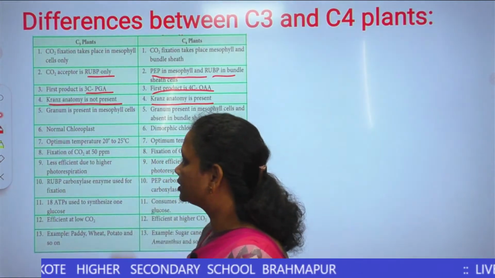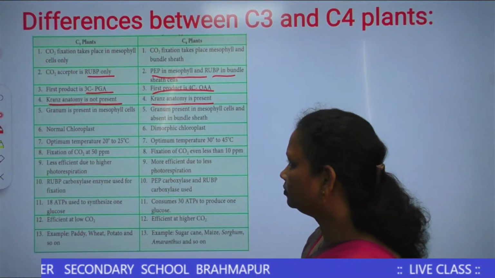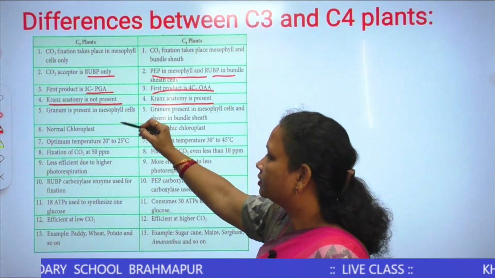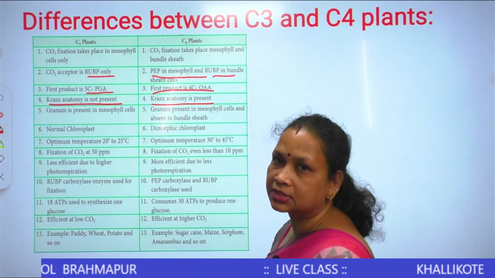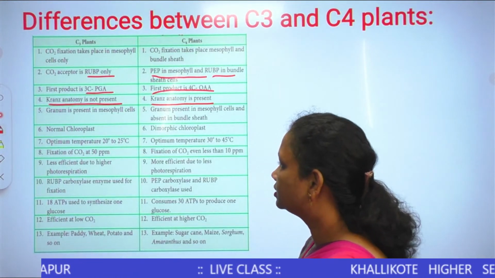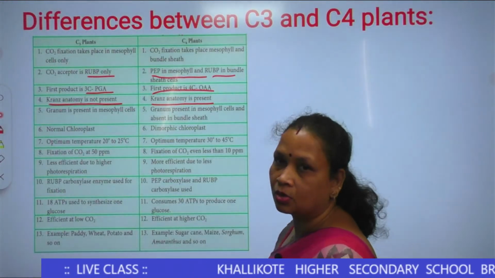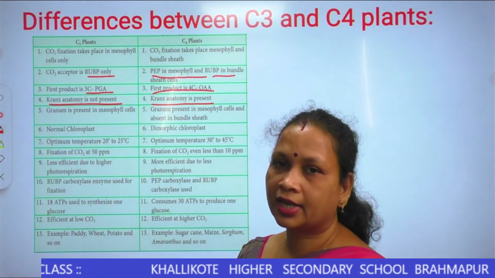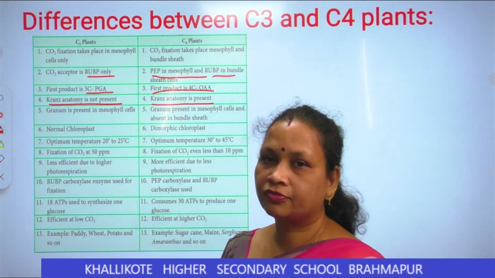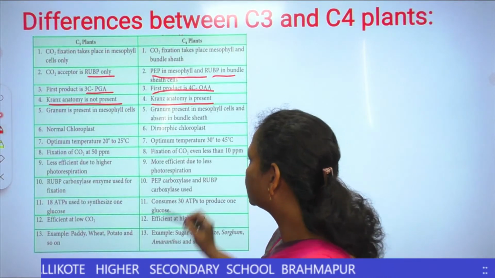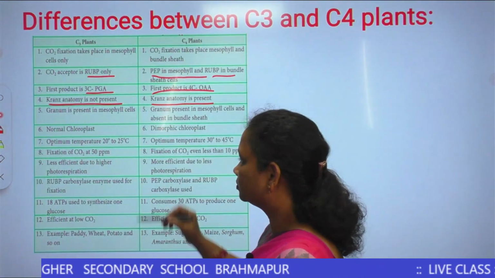The chloroplast character is that the normal chloroplast is present in the C3 cells, whereas in the C4 plant the chloroplasts are of two types, which is dimorphic chloroplast. So, what is dimorphic chloroplast?